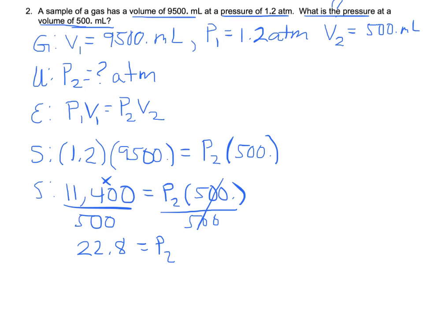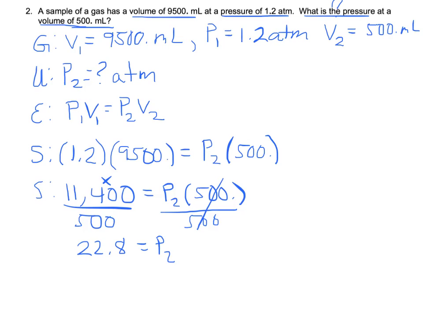Alright, and then the last thing we need to do is look at our significant digits. And so that means we need to look back up at our givens that we wrote down. So it's very important to write down your givens correctly, straight from the problem, so that you have the correct significant digits. So again, remember the decimals on this 9,500, and I also put the decimal when I wrote the givens down. You need to be very careful with that.